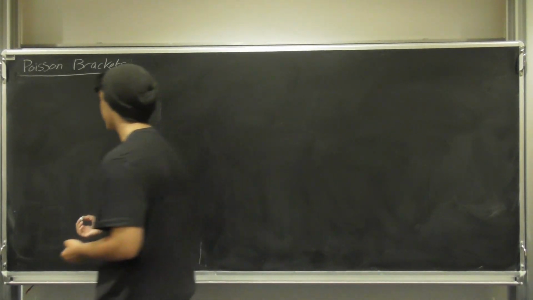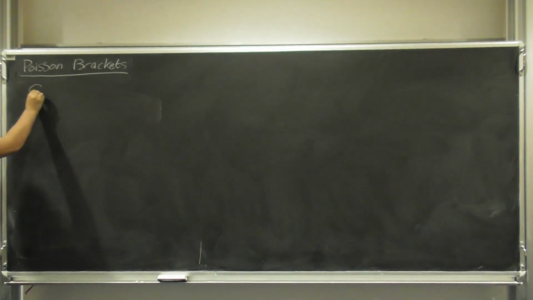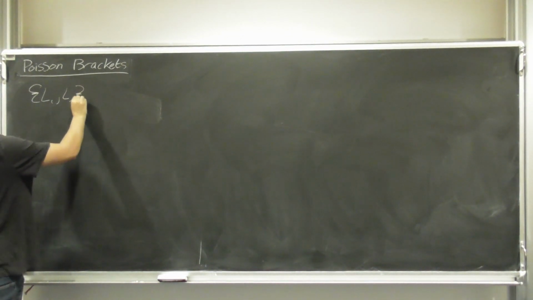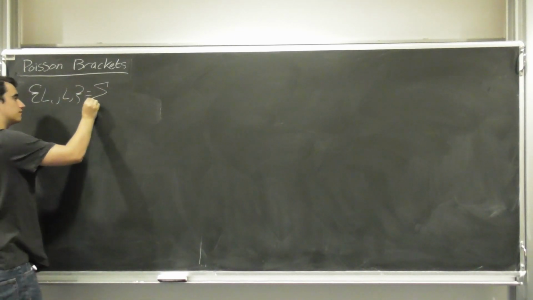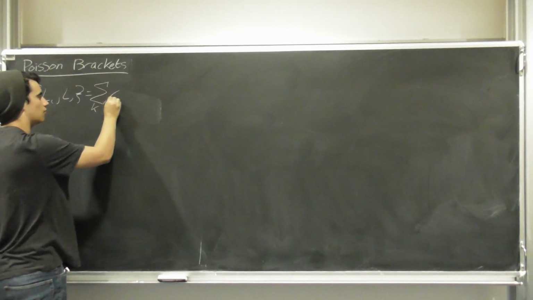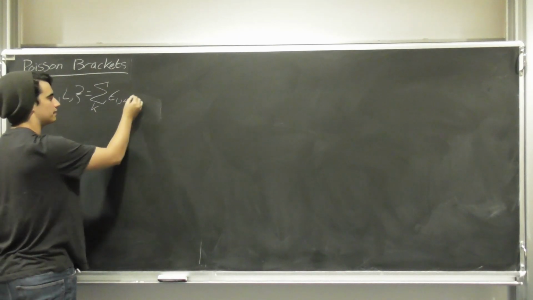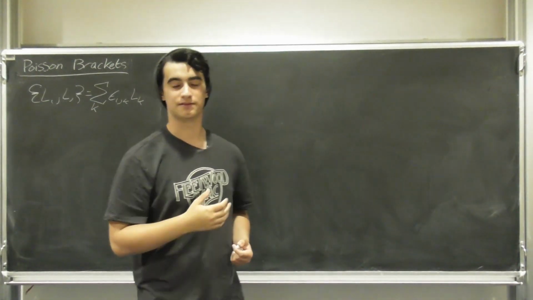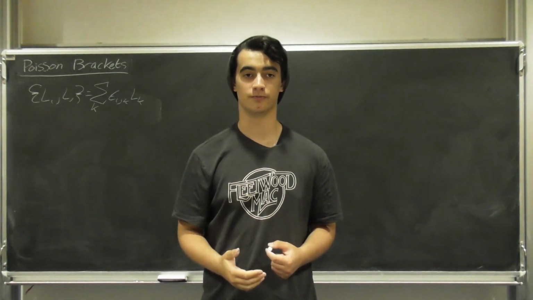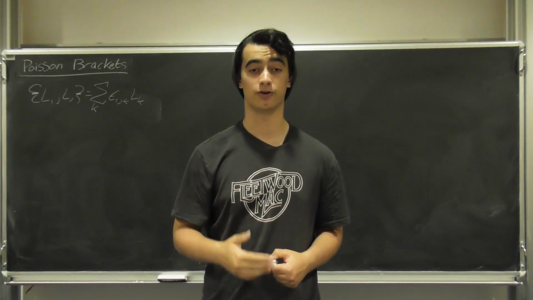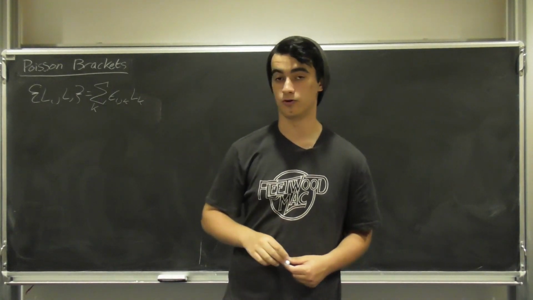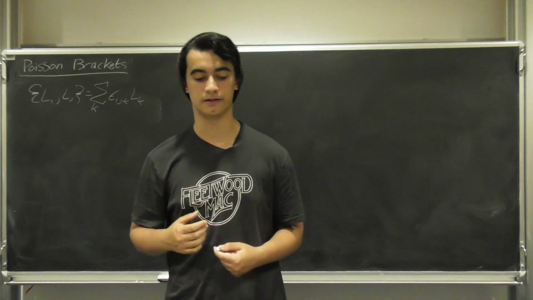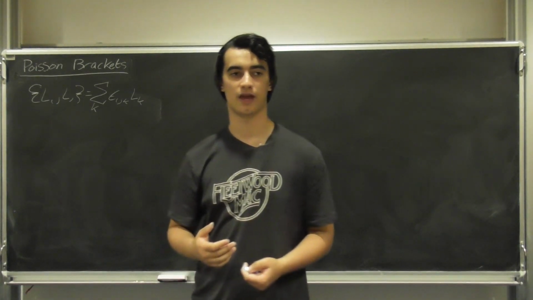In this case, the Poisson bracket of L sub i with L sub j will yet again be the sum over k of epsilon ijk times L sub k. So we can see that angular momentum is still a generator of rotations, even with other components of angular momentum.